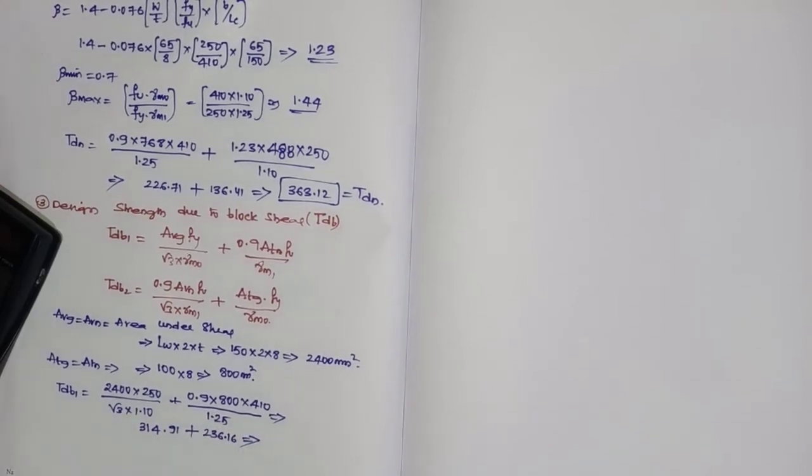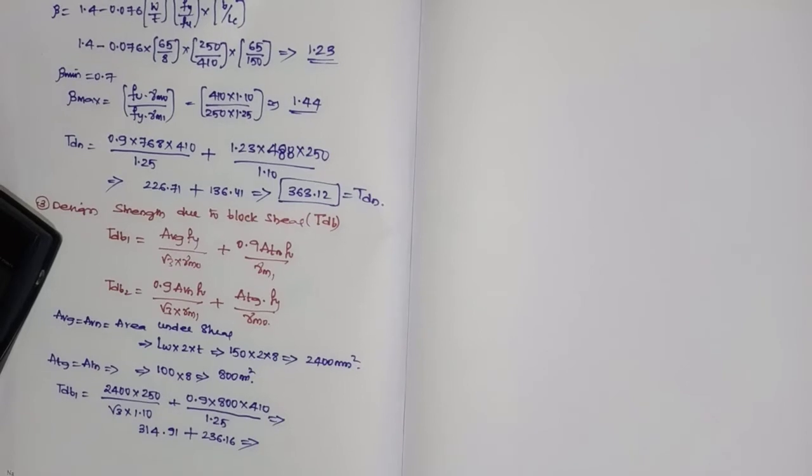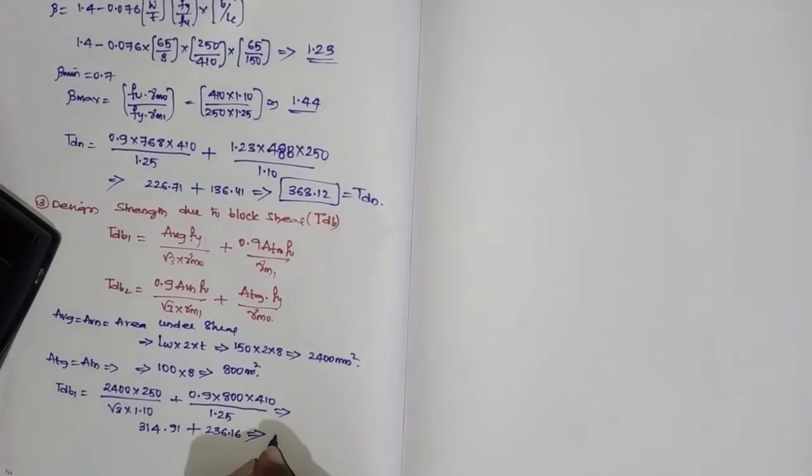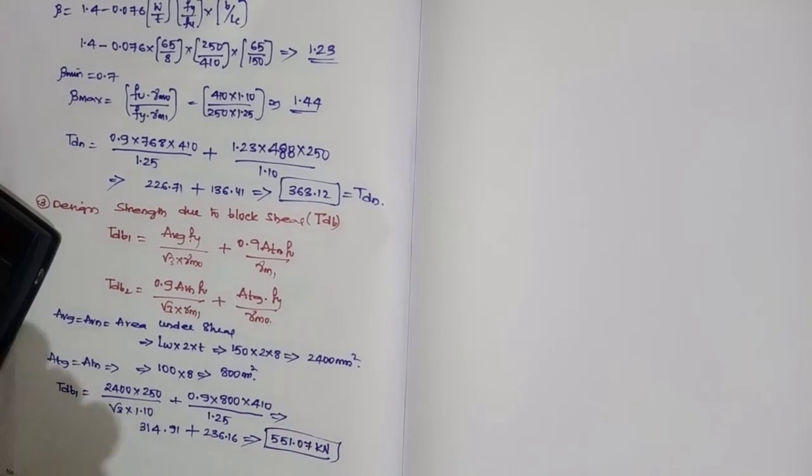So total is how much? 236.16 plus 314.91, that is 551.07 kilonewtons. This is TDB1 only.